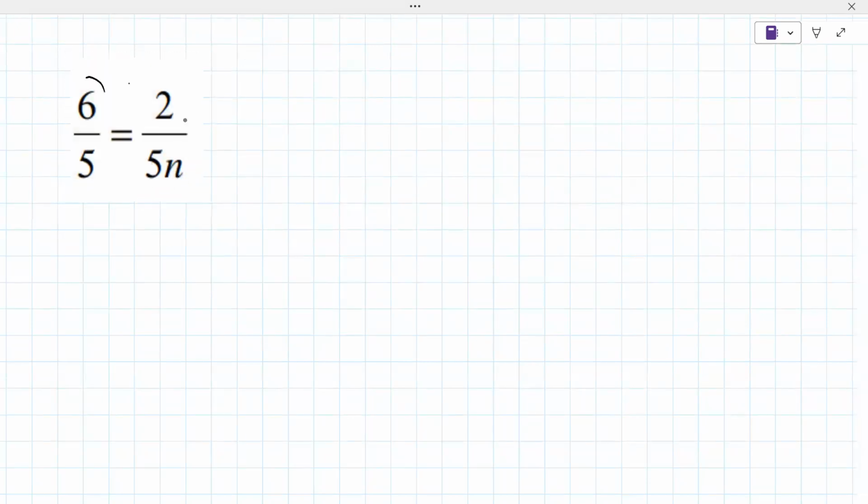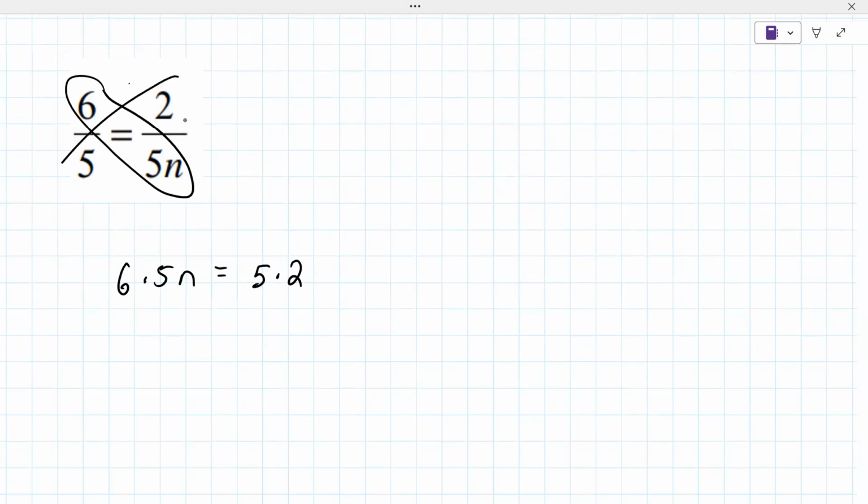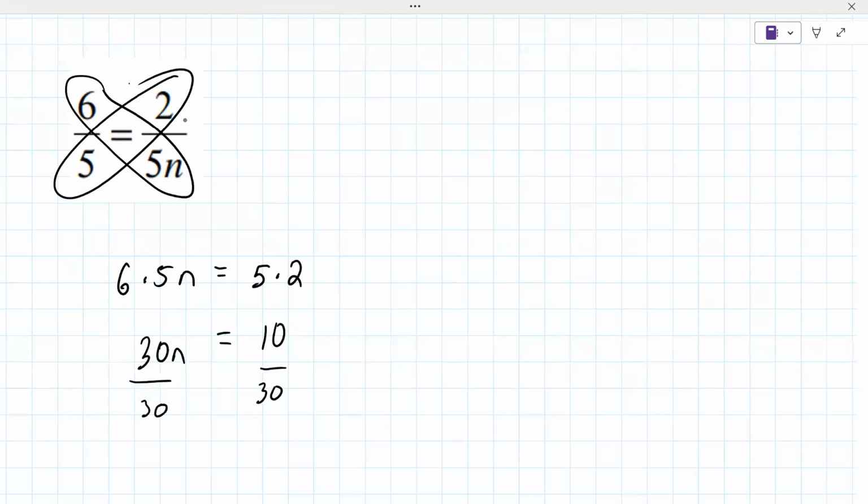So when you multiply diagonally here, 6 times 5n equals 5 times 2, that's totally okay. That 6 times 5n is 30n. That 5 times 2 is 10. You divide both sides by 30. N equals 1 divided by 3, like that.